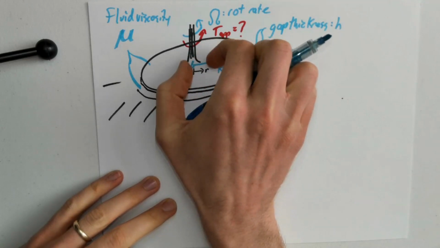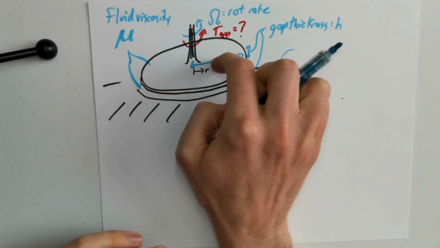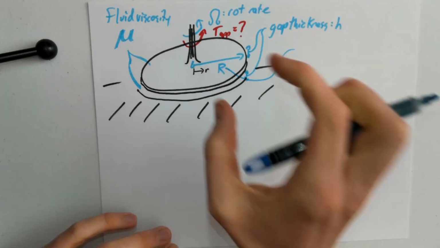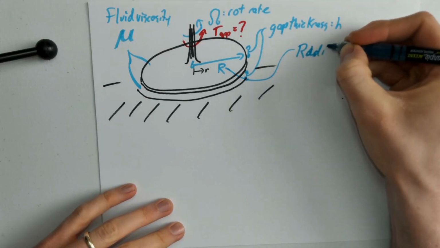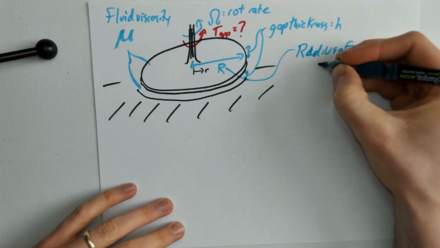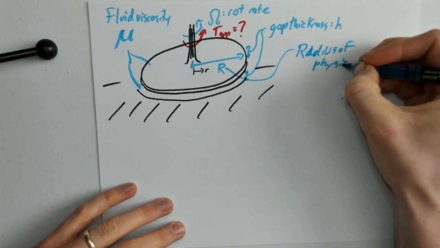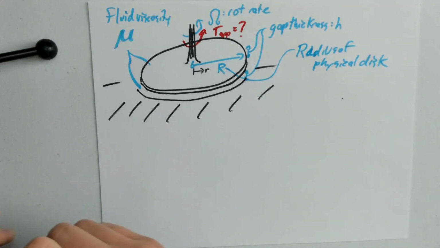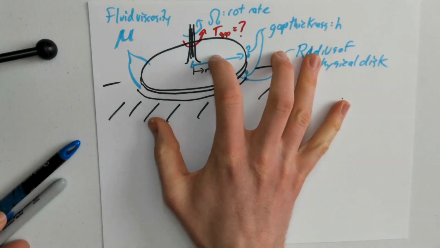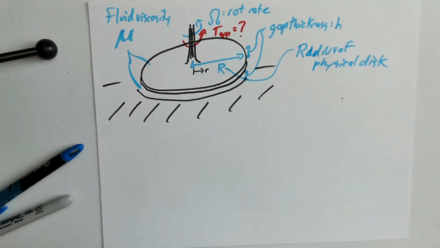So r is the position of some point on the disk that I'm analyzing. Capital R is the radius of the whole disk. All right, so these are the problem parameters.